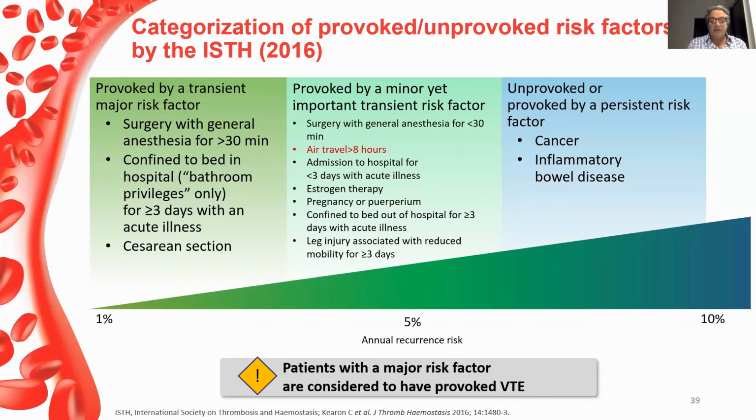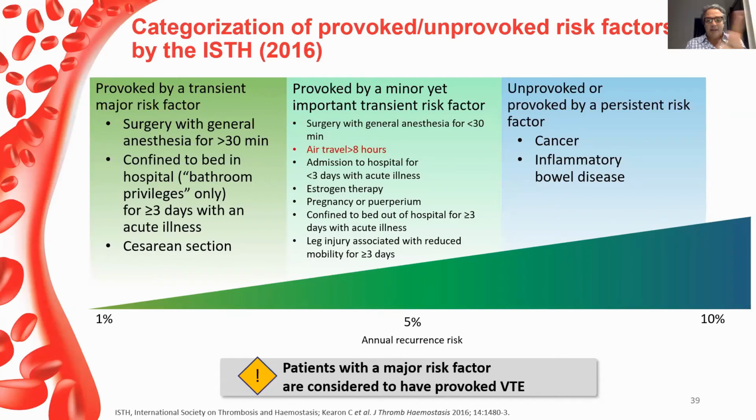In terms of risk of recurrence, this is a really cool chart that Kieran actually adapted a little bit in 2016, because what he said is on the left are the clearly provoked VTEs, on the right are the clearly unprovoked VTEs. But interestingly, in the middle are the ones that are minor but important risk factors, such as air travel for great hours or the birth control pill or estrogen therapy.